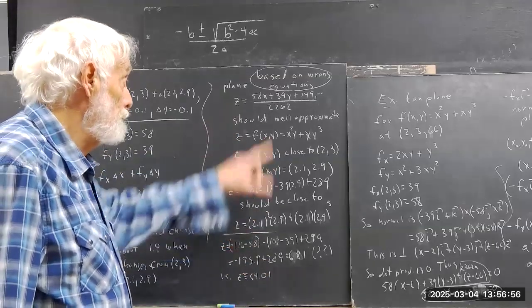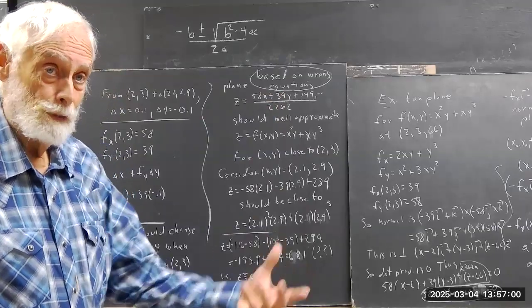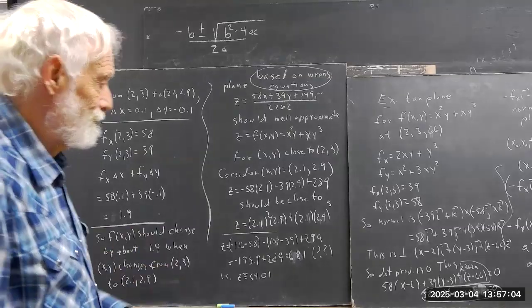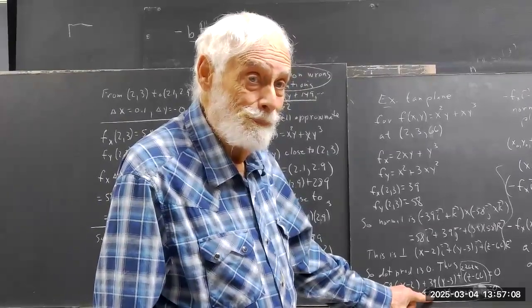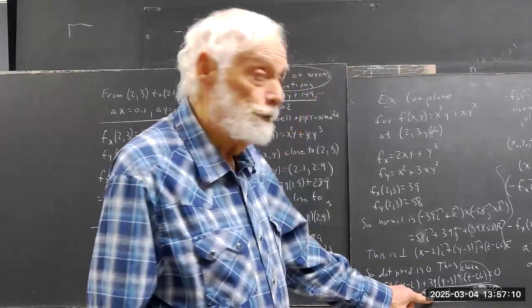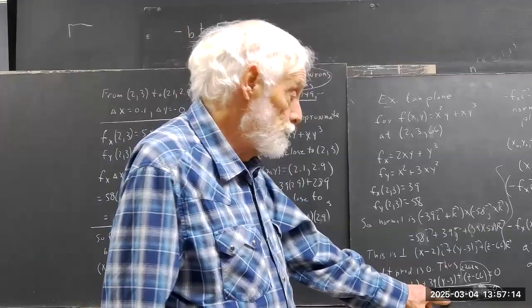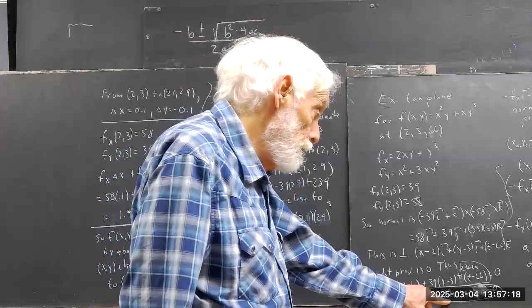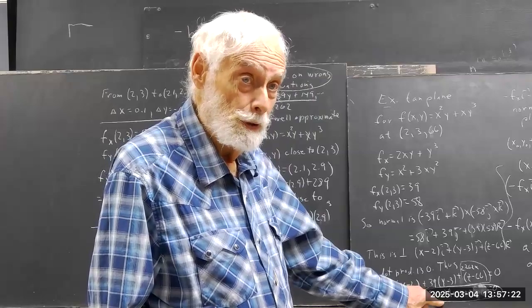So work that out with the correct function and see if it isn't about that. Because why? Because x is changing by 0.1. So the change in 58x will be 5.8 if you like. Y is changing by negative 0.1. So the change in y will be negative 3.9. So the net change will be about negative 1.9.